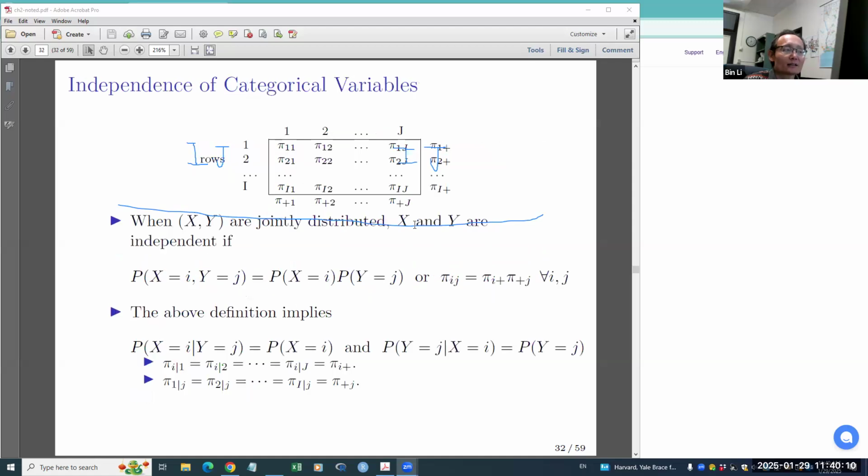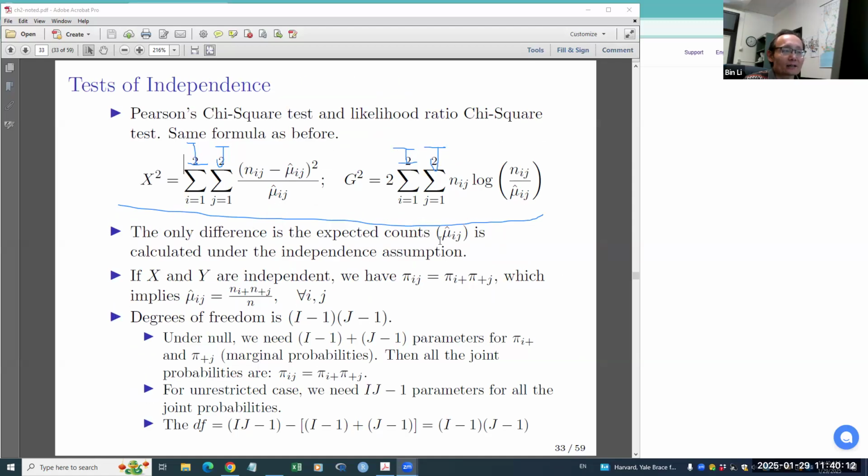The difference is in the expected counts. When they are independent, the expected counts that we calculate are different. So how do we calculate the expected counts? We can calculate them through the row sum and column sum.